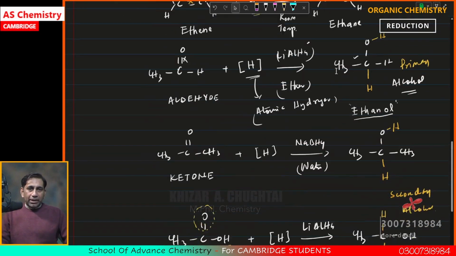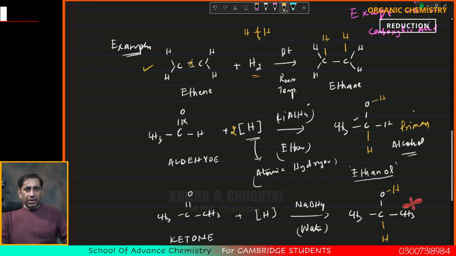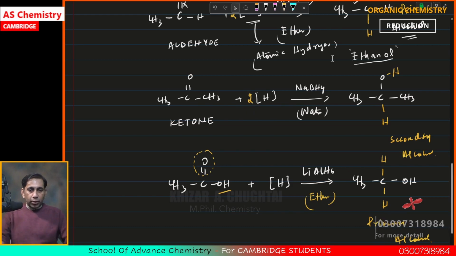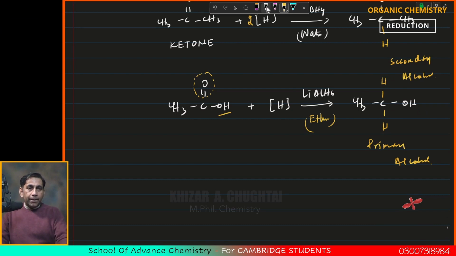Now I'm going to balance all these chemical equations. The first one is a balanced equation. Come toward the second equation, I introduce 2 hydrogen, so I'm putting 2 over here. It's a balanced equation. And here, again, I introduced 2 hydrogen. Nothing was lost from this molecule. So just putting 2 hydrogen, the equation is balanced. In this case, we lost oxygen, so 2 hydrogen over here plus H2O will be formed.